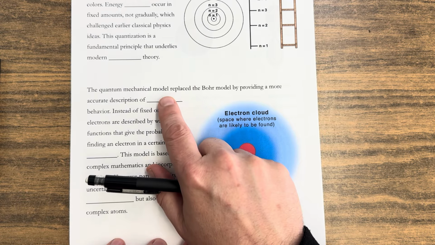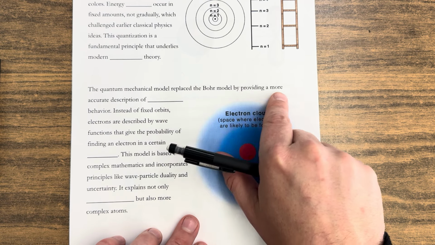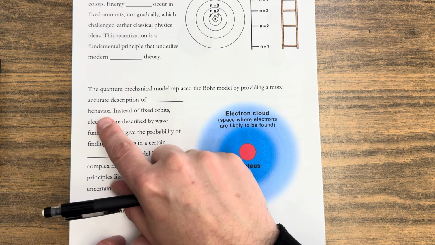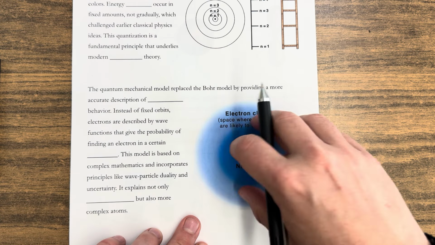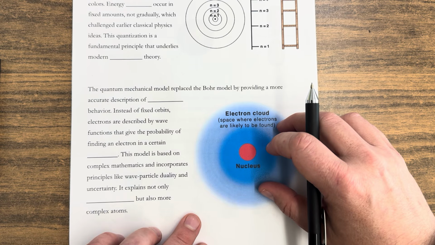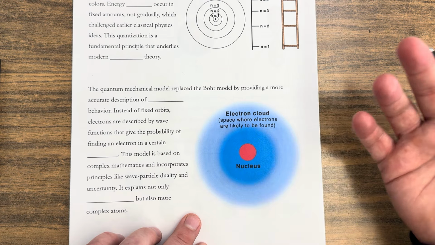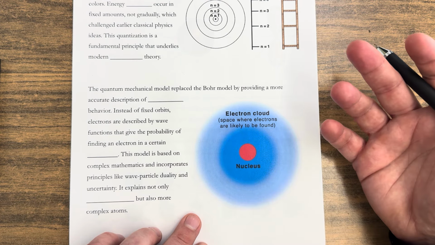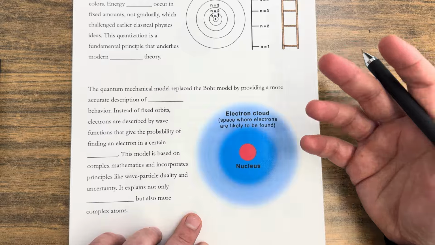The quantum mechanical model replaced the Bohr model by providing a more accurate description of electron behavior. So now this is taking into account quantum physics, which Niels Bohr was certainly largely responsible for.